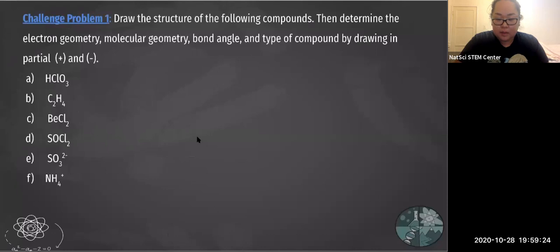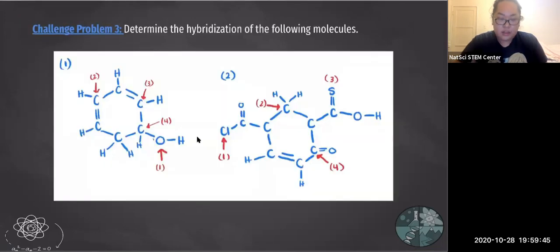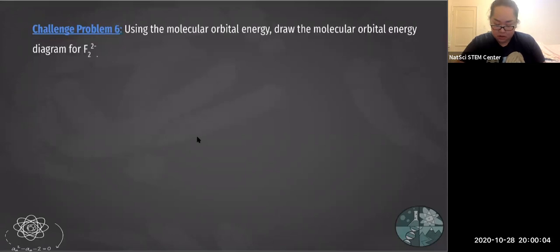So these are problems that you guys can do and check with by scheduling another tutoring appointment with another tutor or even myself. So this is the first one. The second challenge problem. The third, again, with the labeling. This time I numbered it. The fourth, fifth, and sixth. This is the last problem.